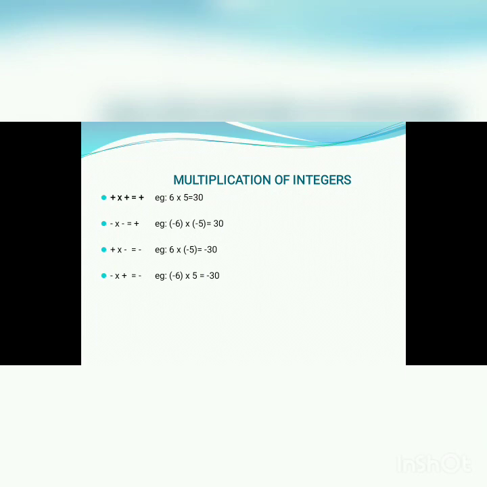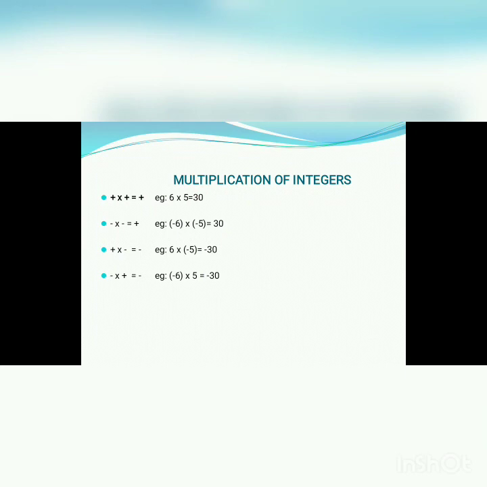I have written the same example, look at that. Negative 6 into negative 5. Both the numbers are negative numbers, and I got the product. 6 into 5 is 30. You know that 6 into 5 is 30. Then negative into negative is positive. So that is why I have written the answer as 30.